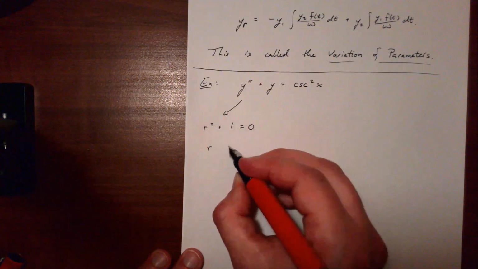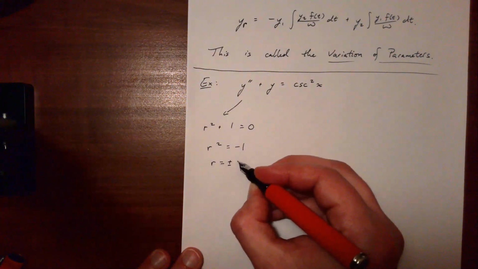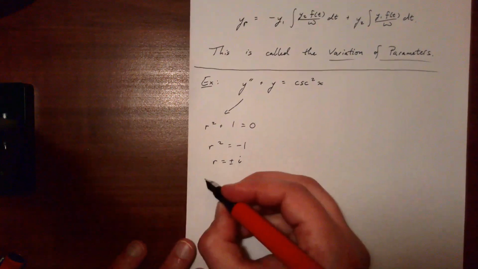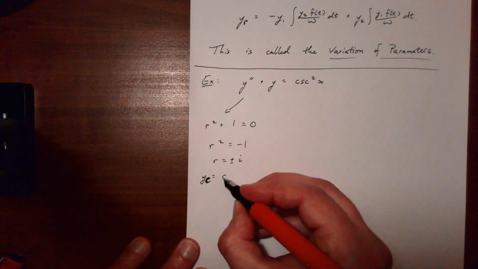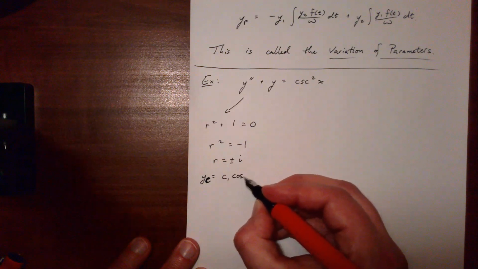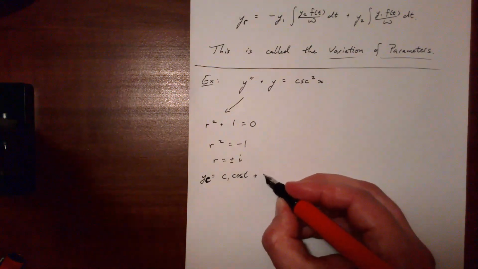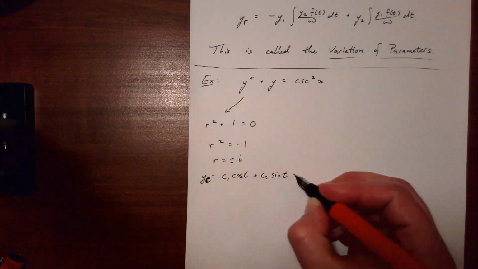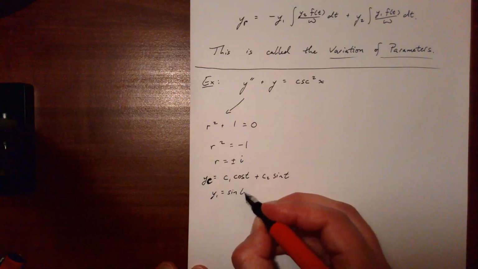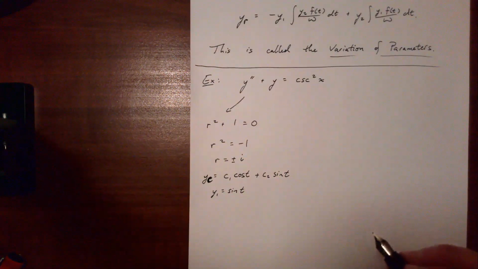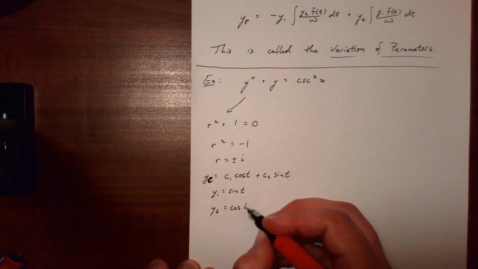So then r squared equals negative 1, which means that r equals plus or minus i, which means then that yc, the complementary solution, is going to be of the form c1 cosine, so it's e to the 0 cosine of t, plus c2 sine of t, which means then y1 we'll just call sine, just because it feels like that one should come first, and then y2 we'll call cosine.